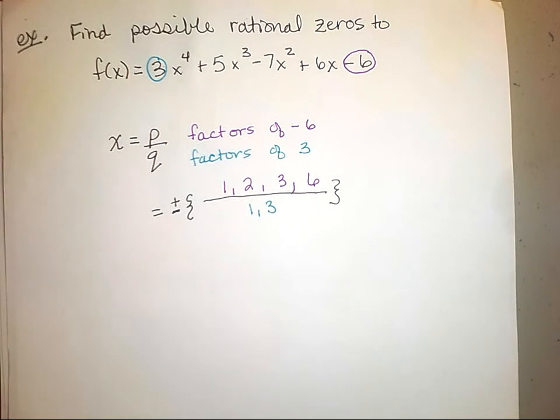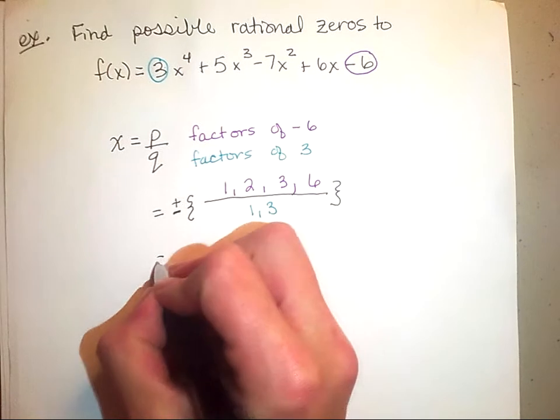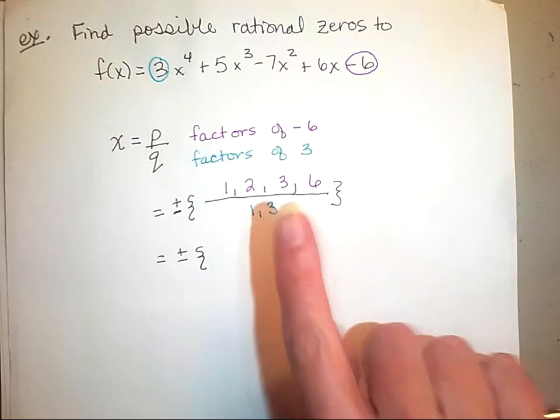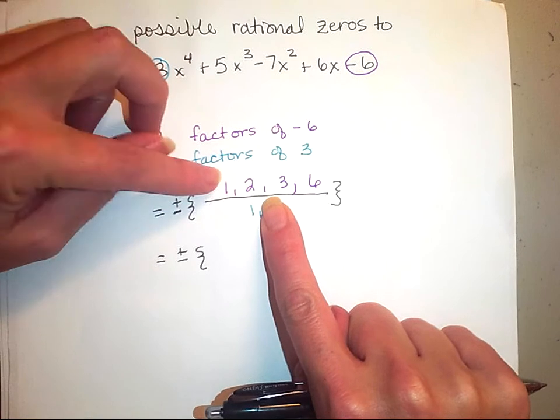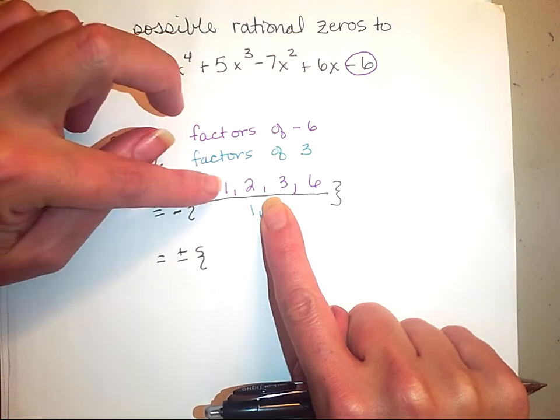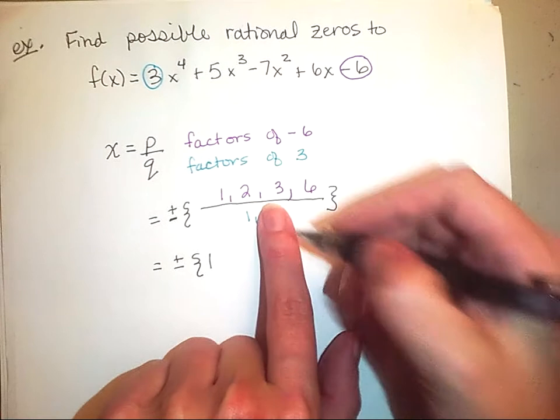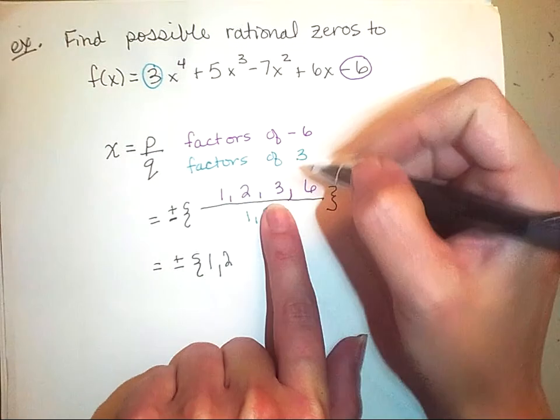So let's reduce this set. It could be that the factor could be plus or minus 1 over 1, which is just 1. 2 over 1, which is just 2. 3 over 1, which is 3. And 6 over 1, which is 6.